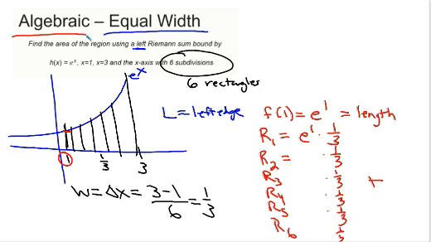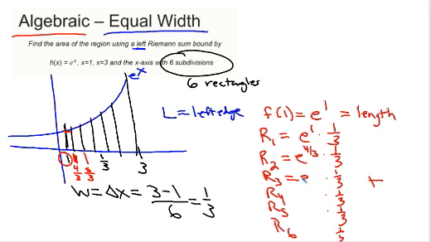But what are these other lengths? Well, they're going to change. This length is now going to be 1 1/3, which is 4/3. So this is going to be e to the 4/3. The next one is, this x value is 5/3.